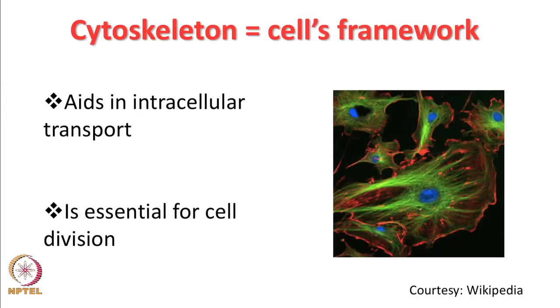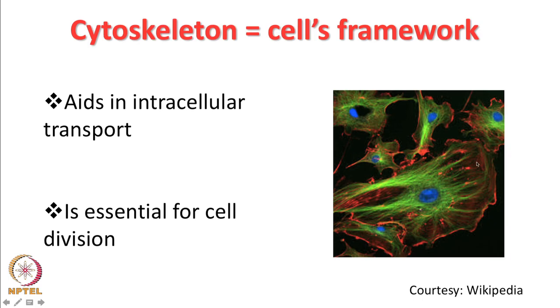So, actin is only one of the cytoskeletal proteins. You also have microtubules, one of the most important ones, which in this picture are spanning from the nucleus, outside the nucleus, and spanning till the periphery of the cell.